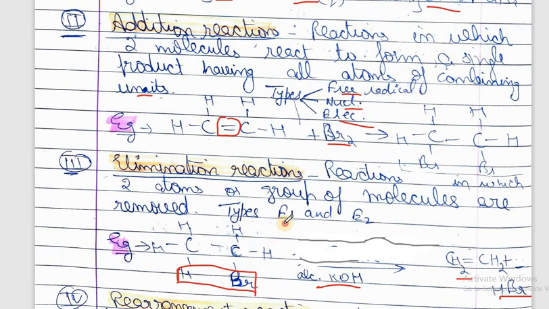Mainly these are E1 and E2. E1 means the reactions in which the elimination takes place in 2 steps, and E2 means the elimination takes place in 1 step, that is, according to the mechanism.